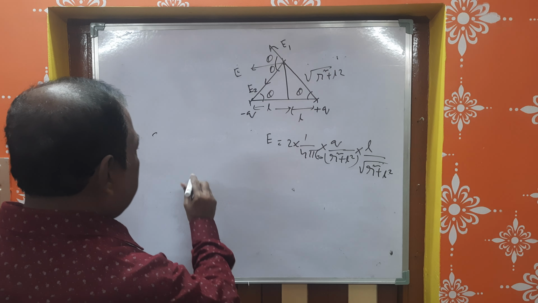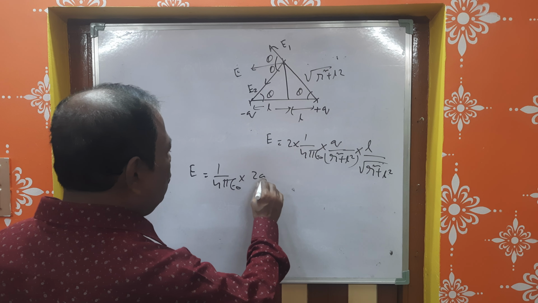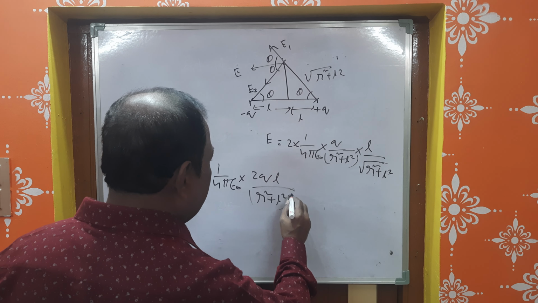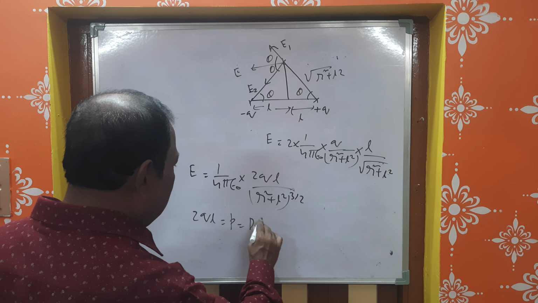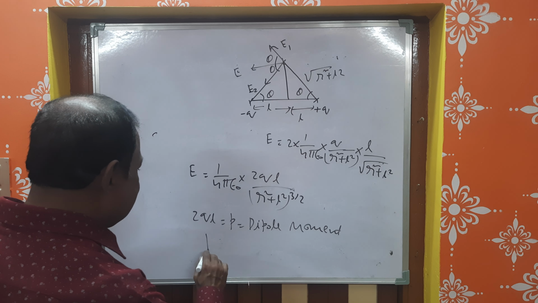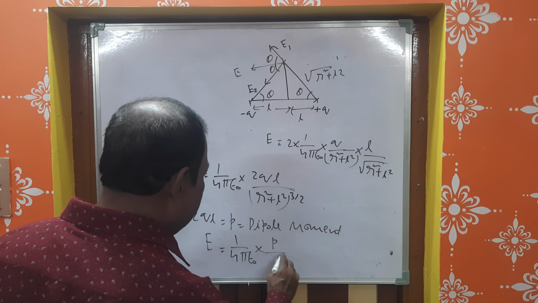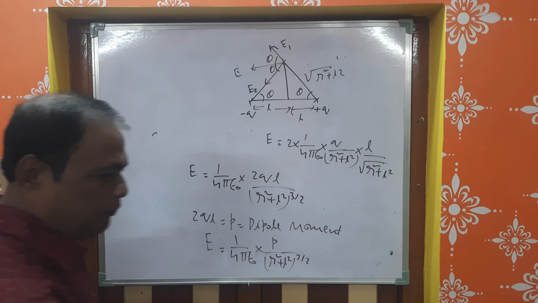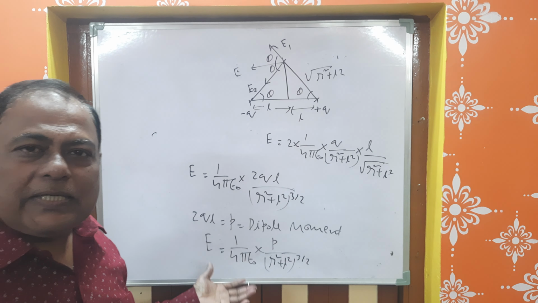So E is 1 by 4 pi epsilon naught into 2QL by R square plus L square to the power 3 by 2. 2QL is called the dipole moment P. So E is equal to 1 by 4 pi epsilon naught into P by R square plus L square to the power 3 by 2. I think students, all of you are clear? This is a very important formula.